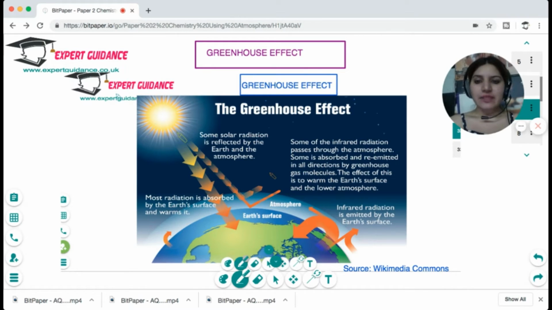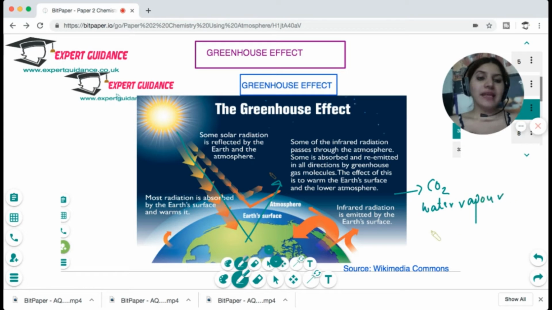Some solar radiation that comes to the Earth's surface is reflected back, and there is a blanket of greenhouse gases: carbon dioxide, water vapor, and methane. Remember, it's not water, it's water vapor. They form a blanket around the Earth's atmosphere and do not allow this radiation to go out. In this way, they increase the Earth's temperature and make it possible for living organisms to live.